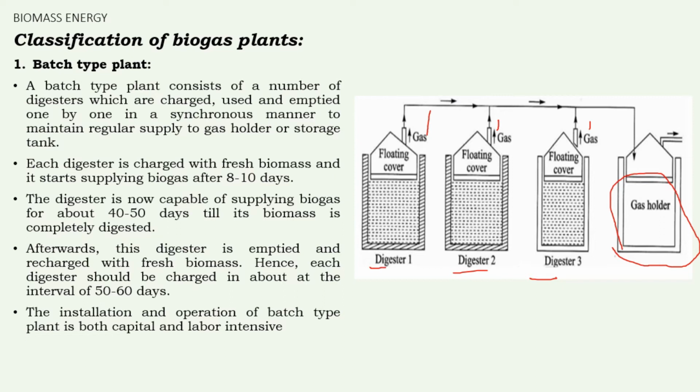Hence, each digester should be charged at an interval of 50 to 60 days. So we have to maintain the charging feeding rate. We have to plan it so that we get the biogas continuously from all these digesters. So this is about batch type of biogas plant.